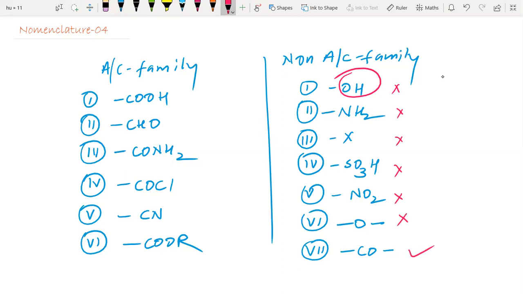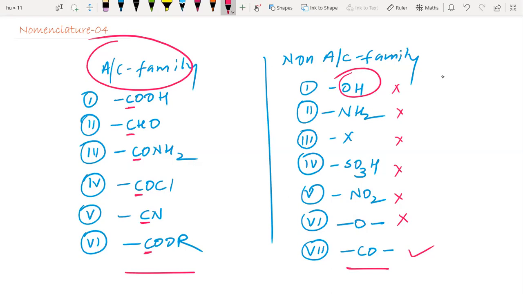Here we have carbon, but this is different from the functional groups under the AC family. In the AC family, all functional groups contain carbon, and this carbon is connected to not more than 1 carbon atom.